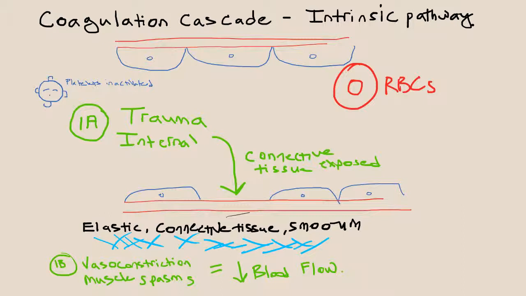In order to repair and maintain homeostasis, the circulatory system has a number of ways to deal with these insults. The intrinsic and extrinsic pathways are part of the system. Repair is designed to stay isolated to the site of injury and not cascade out of control into other areas.